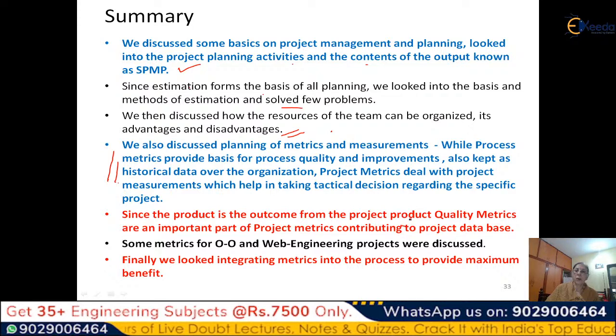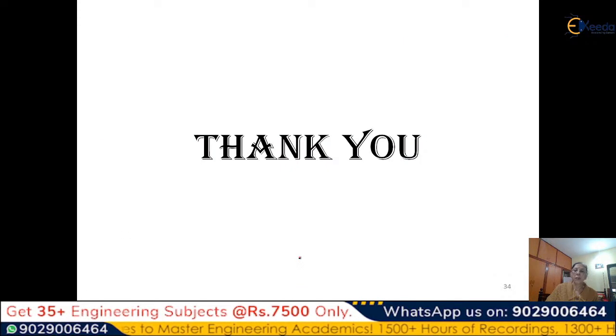Finally we went to product quality metrics, and discussed object oriented metrics and web engineering metrics, and how measurement and metrics affect your process and quality improvements, and how they can become a part of the software process.